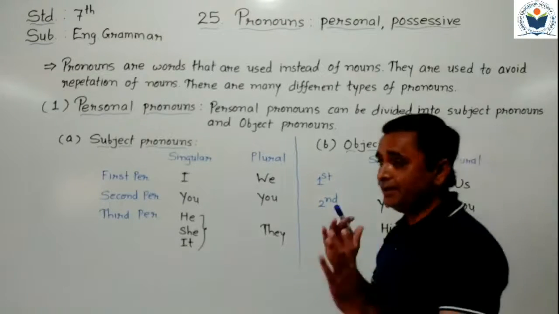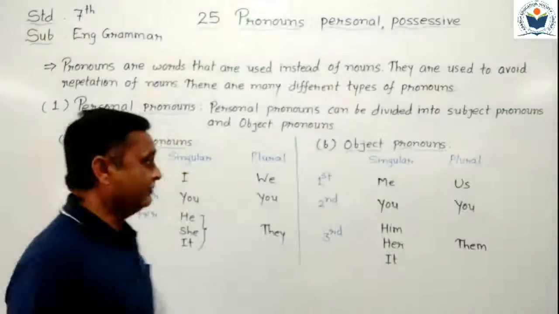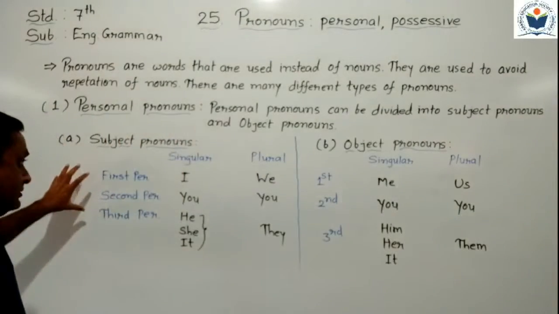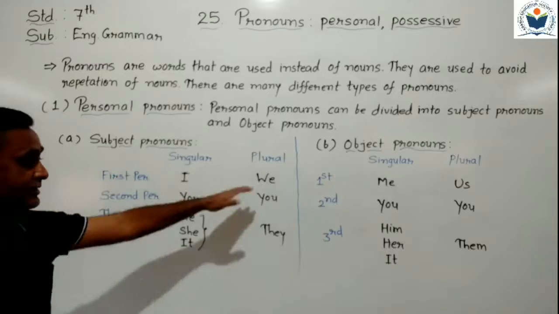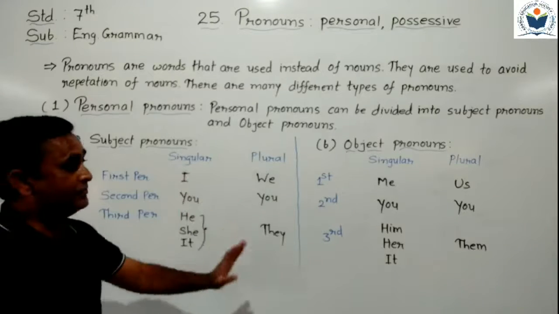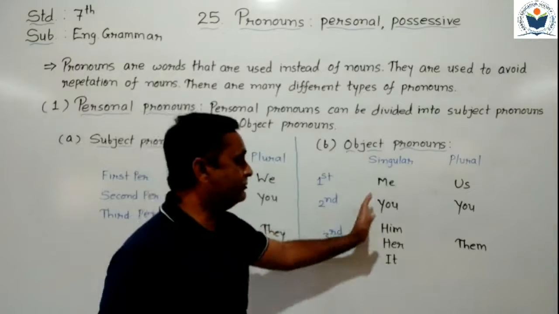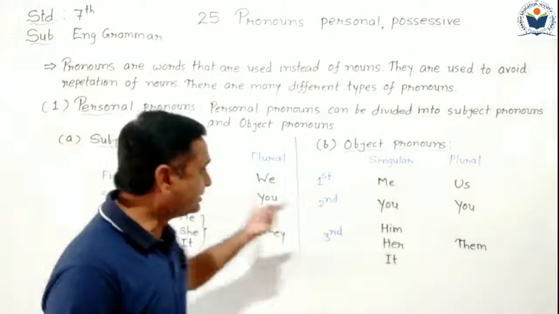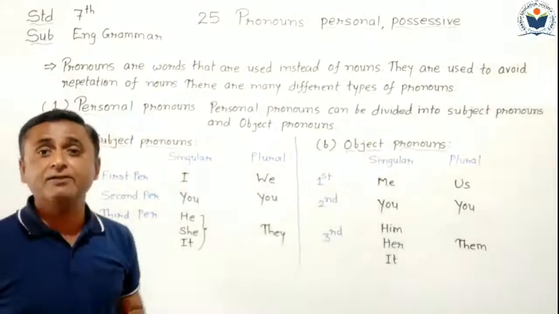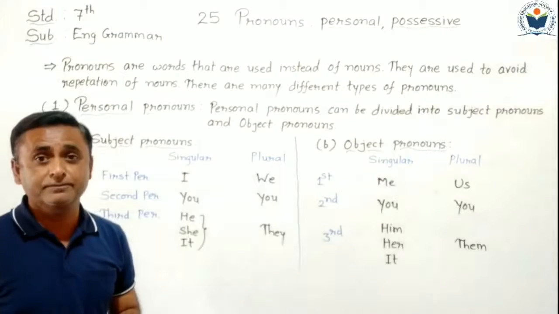So keep in mind both differences: if we put a subject pronoun we have to select from that table, and if we are putting an object pronoun we have to select from that table. So you have to keep both tables in mind while you are using pronouns.